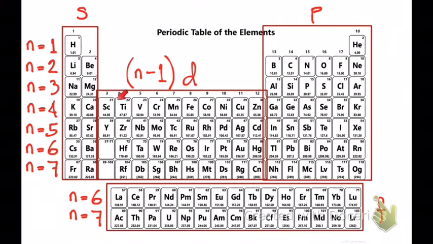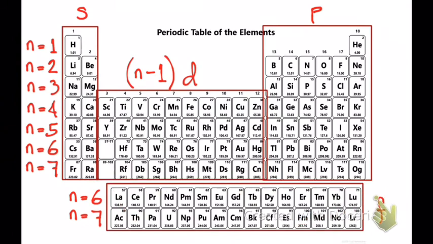Okay, and we can do the same thing for titanium all the way to zinc. And then once you hit the p block, it goes back to np, right? So that would be 3d10 for zinc, and then goes back to 4, so 4p1 for gallium.